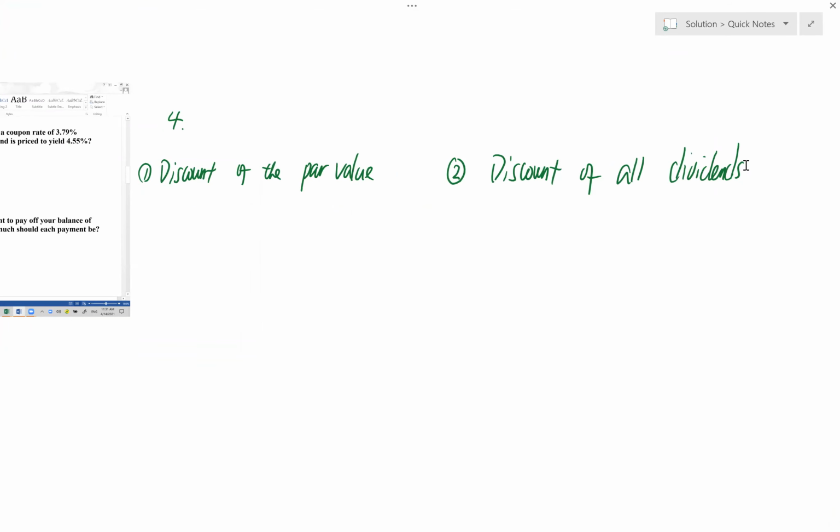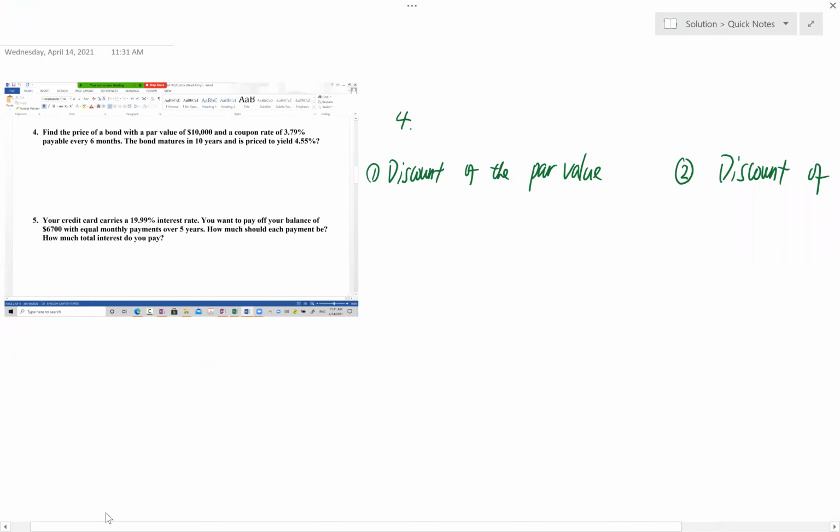Again, we're using the compound interest formula to handle this. We know that the future value, this bond is worth $10,000 in 10 years, and the market return rate is 4.55%, so this is 0.0455. And t is 10 years. The number of compounding periods here will be 2 because you're getting paid interest every 6 months, so n equals 2.